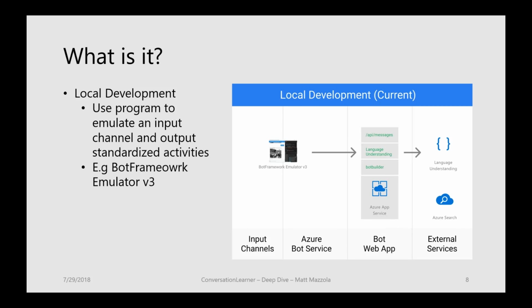So of course they've built this special bot emulator program that is free. It comes with the Bot Framework, and you would download that and run that on your machine to not have to worry about publishing. You can test everything locally. So what that does is it automatically outputs messages in that standard protocol instead of having to go up through the service. So that's why I've positioned the box in the middle of those 2 columns, because it performs a function of both of them. And the rest of the bot logic stays the same.